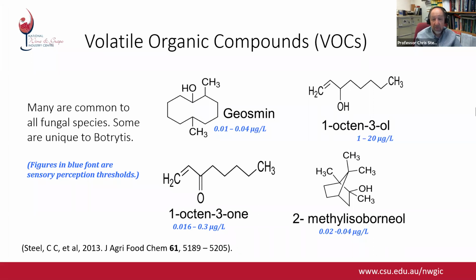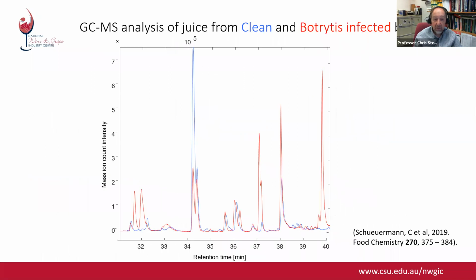But when we look at grapes, berries or bunches that are infected with Botrytis, we use a GC mass spec to do this. We might get a result that looks something like this, and you can see two chromatograms here, one in blue, which is our clean material, uninfected, Botrytis free, and the other trace in red is the berries analysed that have been infected with Botrytis.